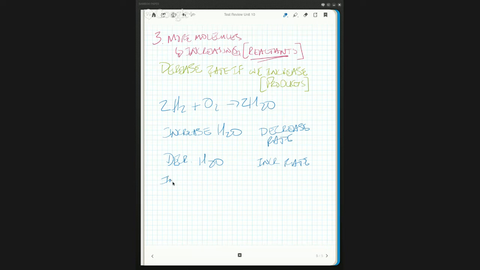And I think the easy one for you guys will be, hey, if we increase the O2, that will increase the rate. And then the next question is, what if we decrease the H2 as a reactant? Then you should know that you are decreasing the rate. Hopefully that helps you.